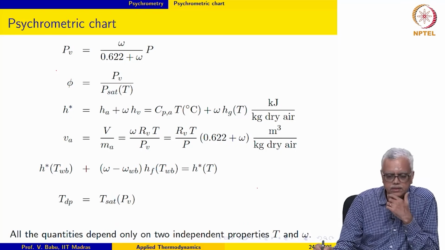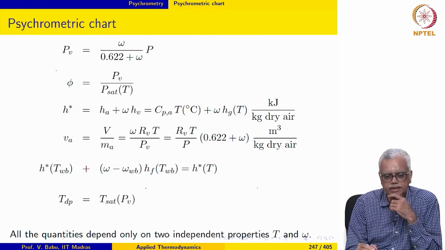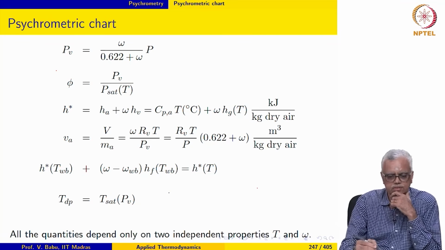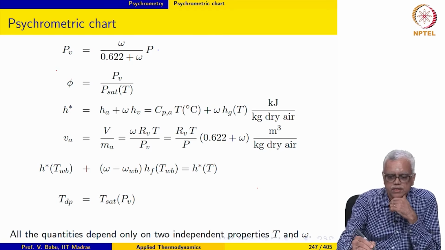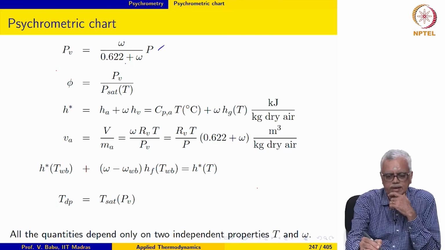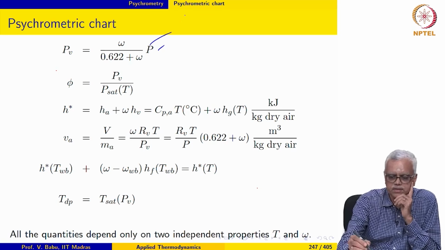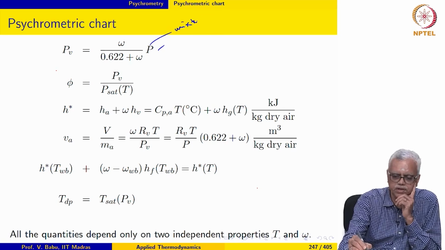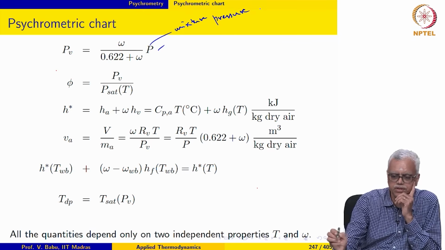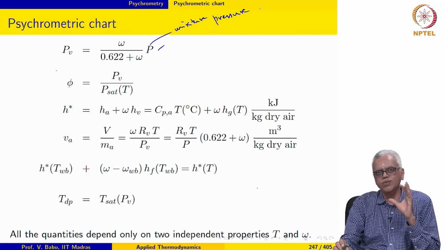Now, the new terms that we have introduced in psychrometry are like this. This is a list of new terms that we have introduced. The first one is the partial pressure of water vapor, which may be written like this: omega over 0.622 plus omega times P, where P is the mixture pressure as always, and the mixture pressure during psychrometric unit operations remains constant.